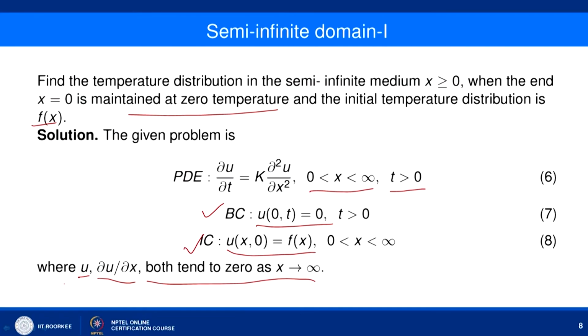Here, since we are considering only the positive side, as x tends to infinity, u and ∂u/∂x both tend to 0. So, here I cannot apply the full Fourier transform. Here we will apply the Fourier transform defined only between 0 to infinity. We have two choices: one is the Fourier sine transform and another is the Fourier cosine transform.